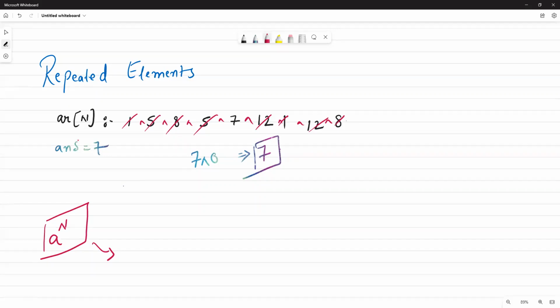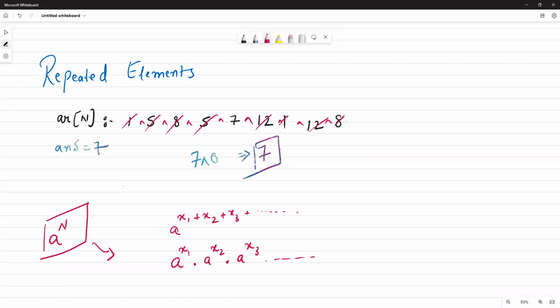So basically, you can think of n as x1 plus x2 plus x3 and so on, and we will assume that their addition equals n. So I can write it as a^x1 multiplied by a^x2 multiplied by a^x3 and so on.